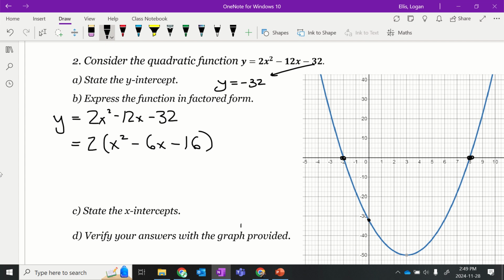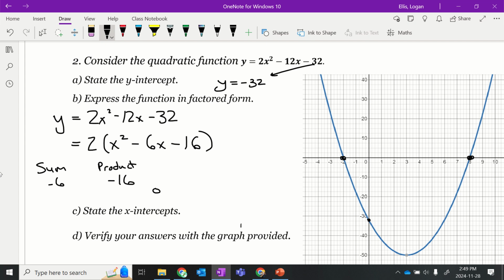So this is now something that we can easily factor. Again, remember, your sum is the middle term, so a sum of minus 6 and a product of the last term here, which is minus 16. When we're thinking about two numbers that would work for this, I can think about the numbers 1 and 16. They multiply to 16, but that's not really going to work there. 4 and 4, no combination of 4 and 4 gets us 6.